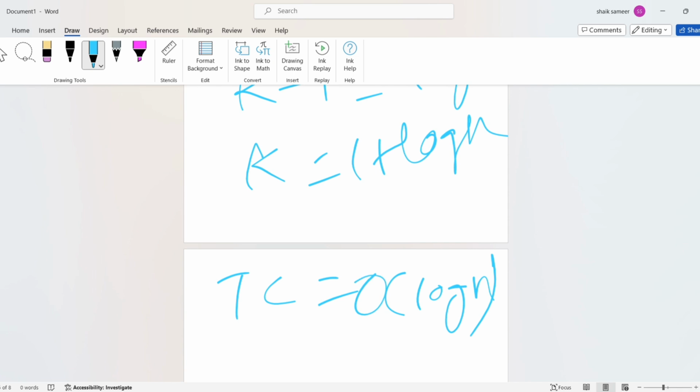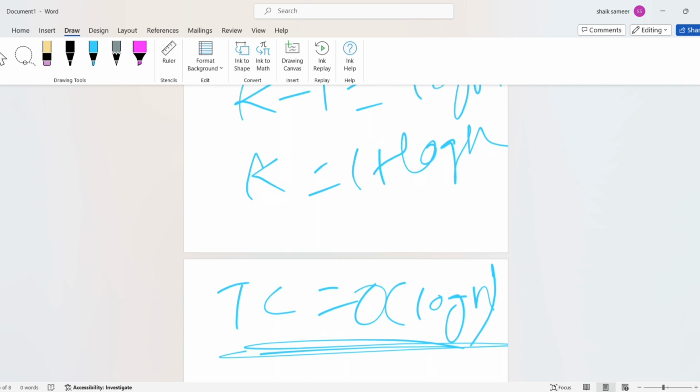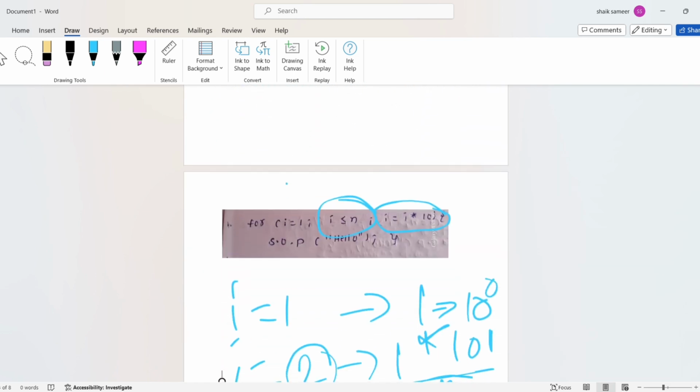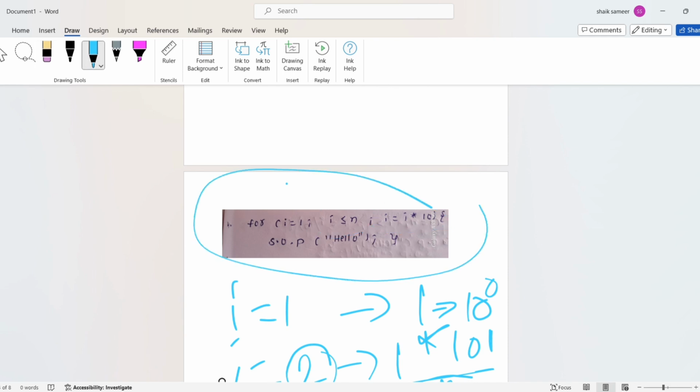Understand how I got this value. If they give loops like this to you, first take this loop and substitute some values, iterate this loop and check the previous condition and the next condition, and put some value of k.